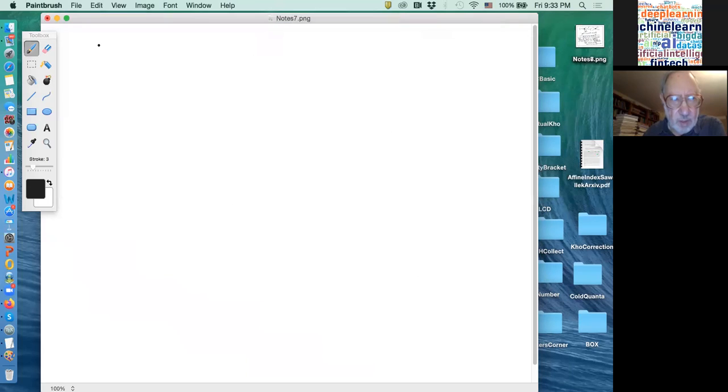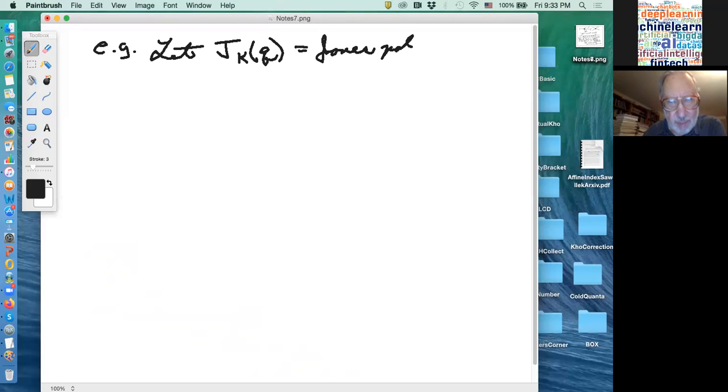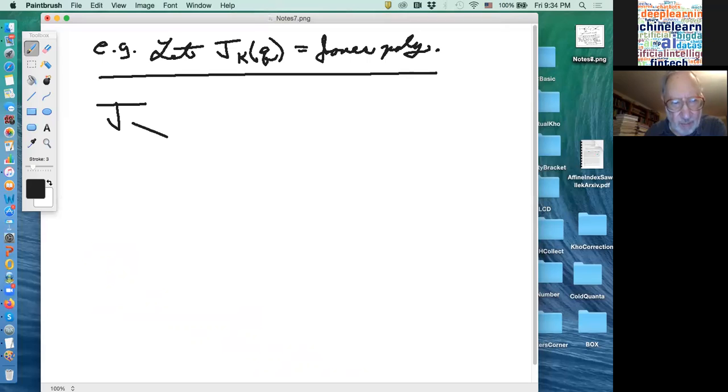So for example, we could let jk of q be equal to the Jones polynomial. But it could be anything, okay? And then we want to see what would happen if we looked at j of something like this, a node and somebody like that, right?